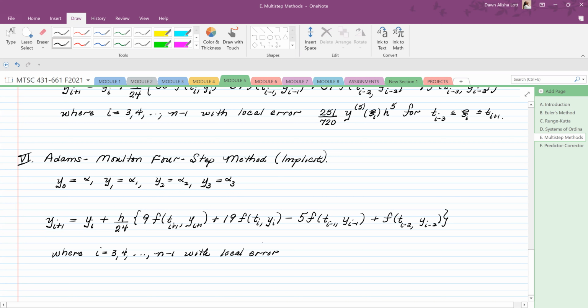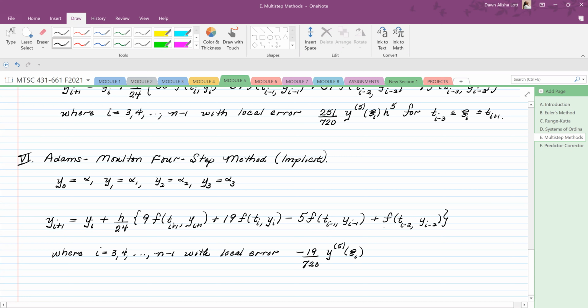This local error is negative 19 over 720 times the fifth derivative at c_i.